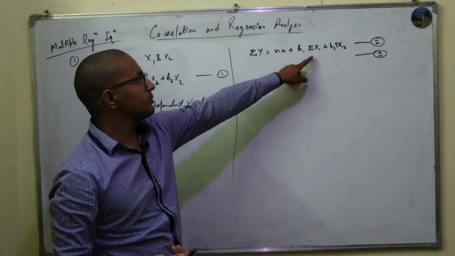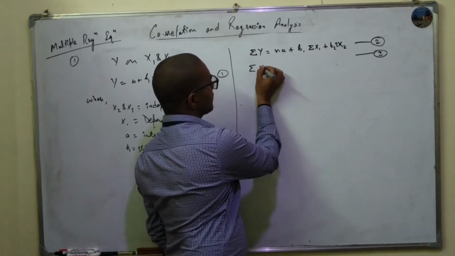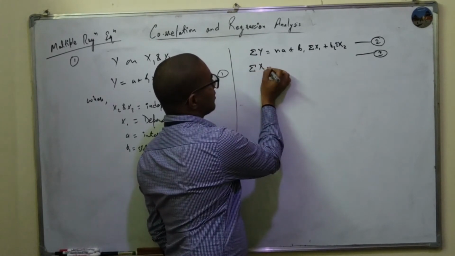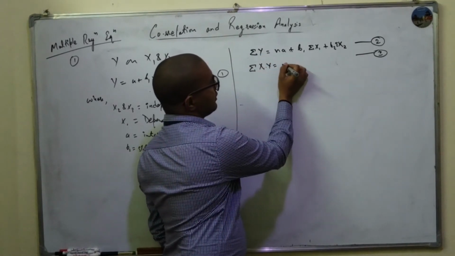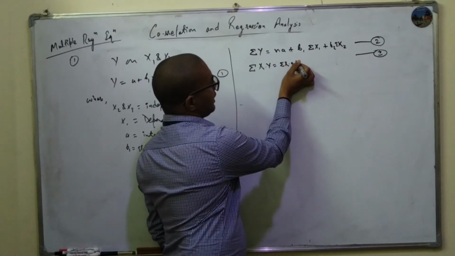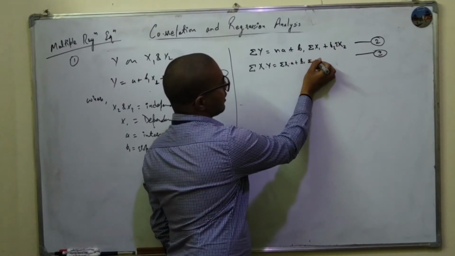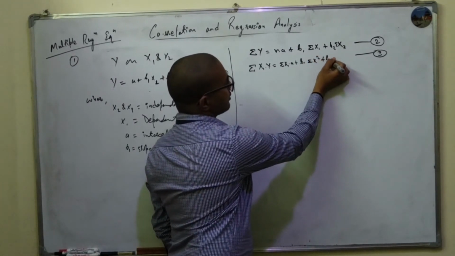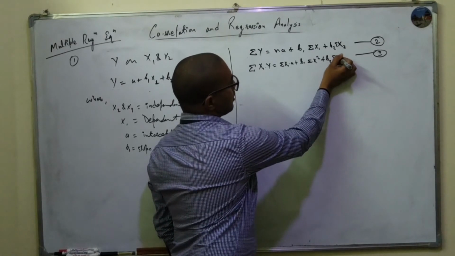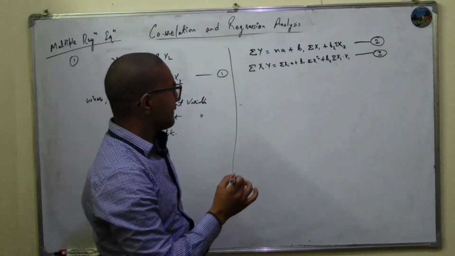You multiply it with x1: x1y equals a x1 plus b1 x1 squared plus b2 x2·x1. That's what we will do.